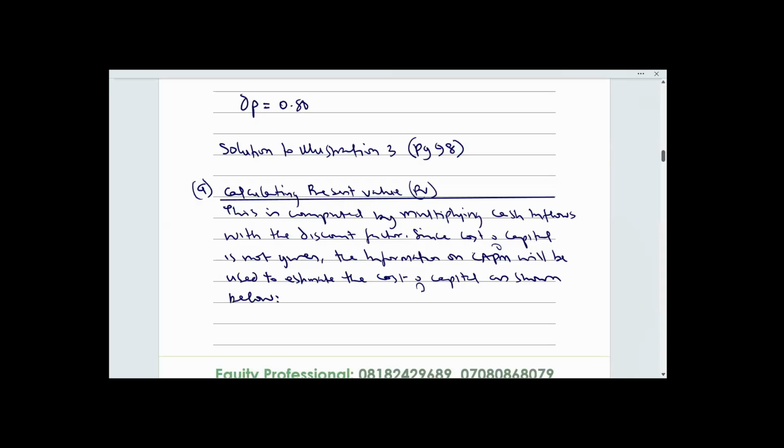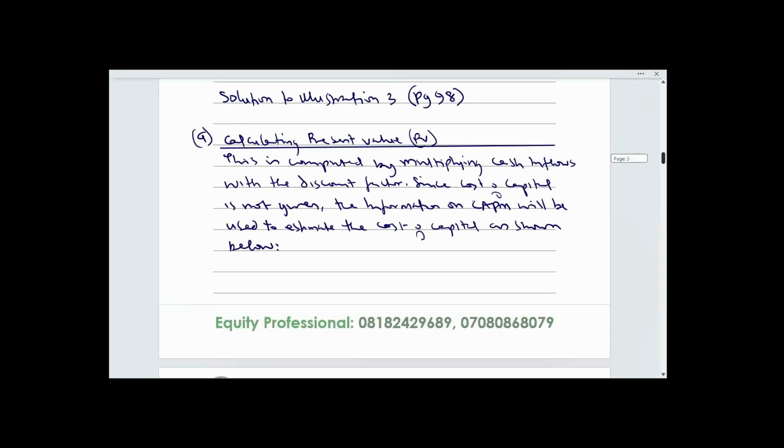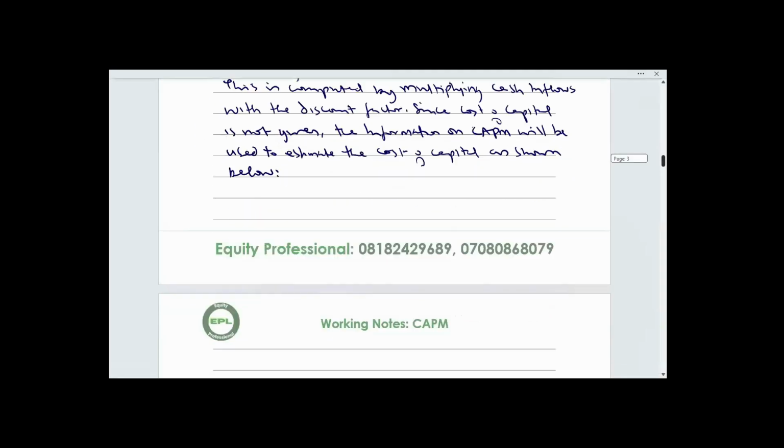Okay, so let's do it together. First thing first, before you are able to calculate your present value, you need to first of all calculate the capital asset pricing model for each project.